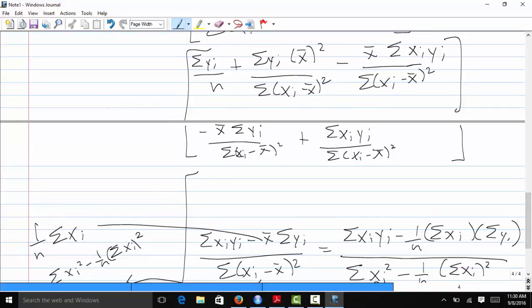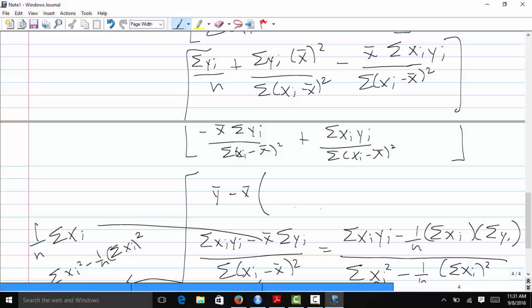So this is a little bit more complex expression, but we can rearrange this to make it not look too bad. So I have the sum of the y's over n here, so that's just y bar. And I have a common denominator here, but for strategy purposes, what I'm going to do here is factor out this x bar with a negative in front.